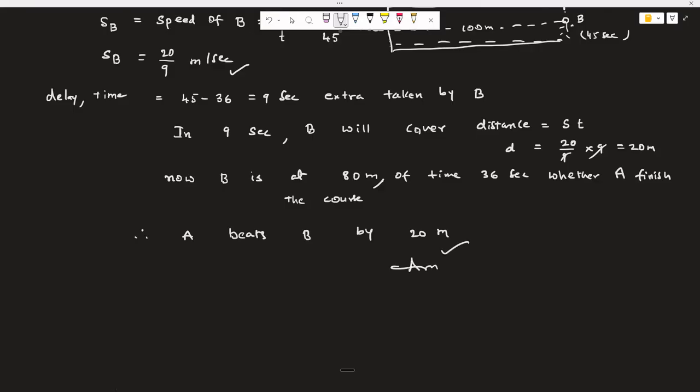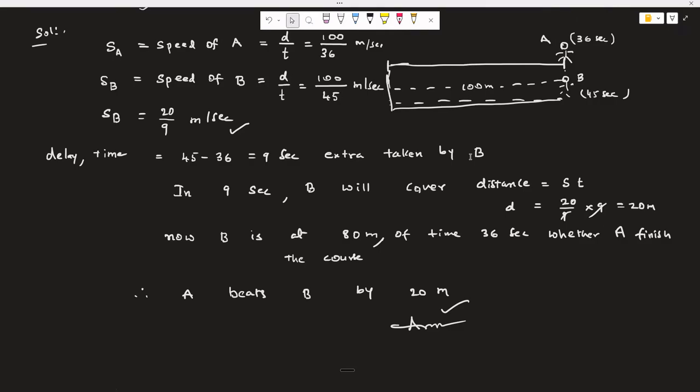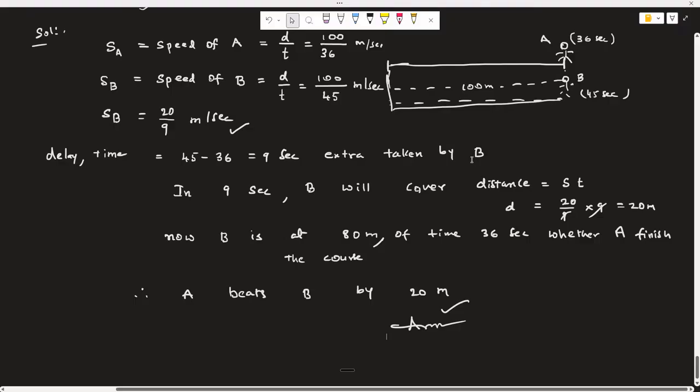That is the answer, because when A is at the finishing point, Mr. B is 80 meters along the race course, behind. So 20 meters is the answer of this problem. Understood?